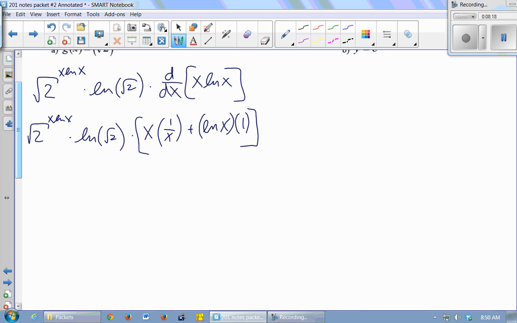And then x times 1 over x is 1. So I'm just going to do one small simplification. On your test, when I asked you to take derivatives, I just wrote do not simplify. So you could just circle that and be done. And if you leave the 1 out, that's fine.